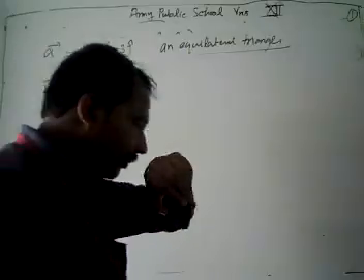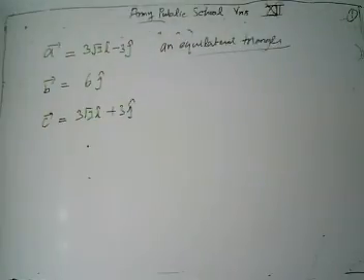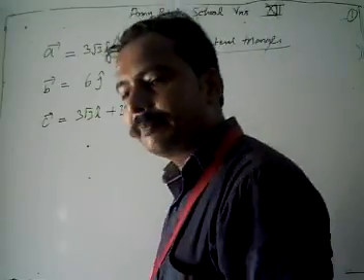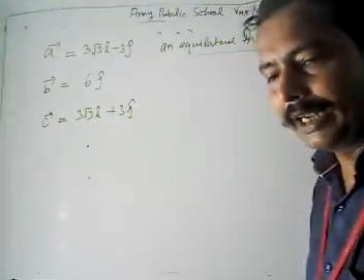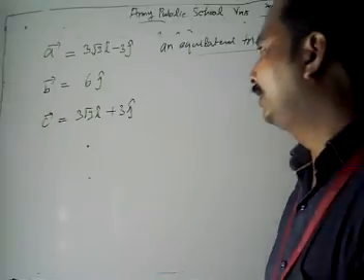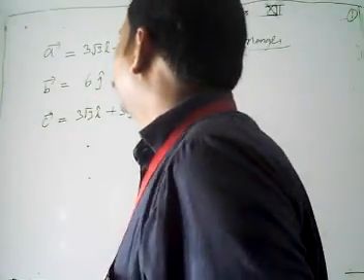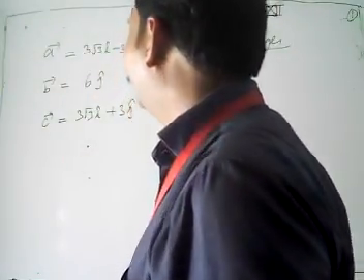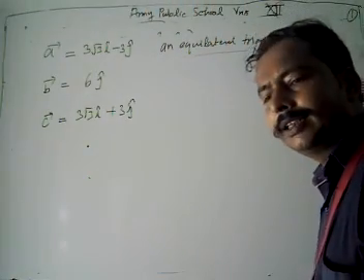First of all, to show that they form an equilateral triangle, we have to show that they represent a triangle. How can we show that it forms a triangle? We have to show that the sum of any two sides cannot be greater than the third side.